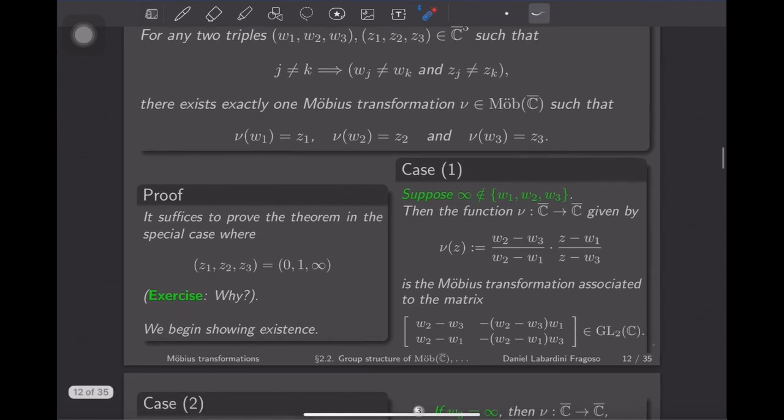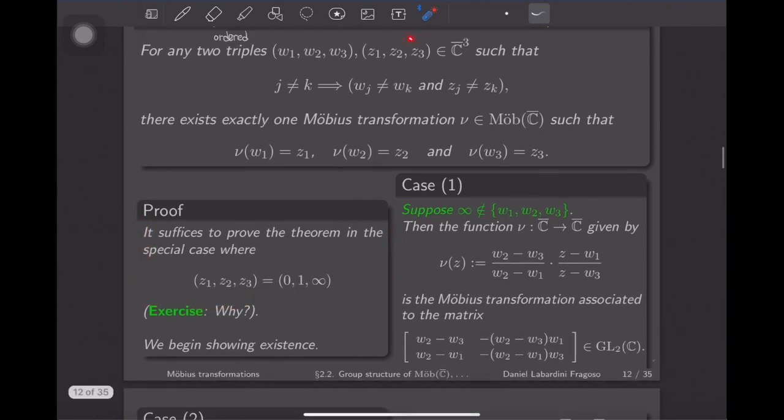Okay, so let's see the proof. First, it suffices to prove the theorem assuming that one of the two triples is a concrete triple, namely 0, 1, infinity. Why does it suffice to prove the case here?